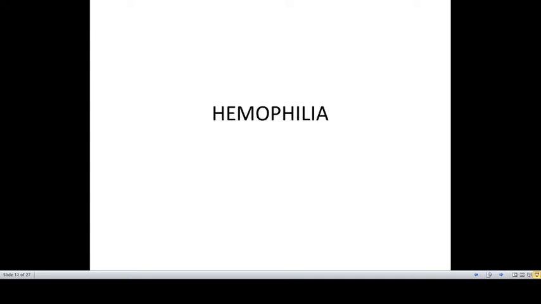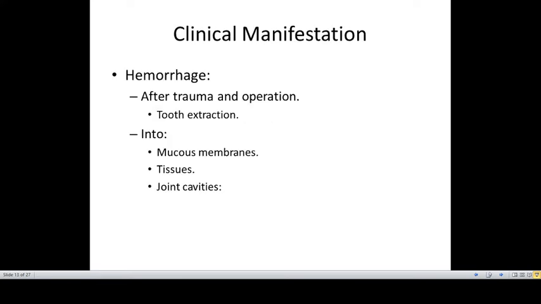The next disorder of hemostasis is hemophilia. There are 3 types of hemophilia: A, B, and C. The clinical manifestations in hemophilia include basically the hemorrhage, which means bleeding, and this can occur after trauma and operation.